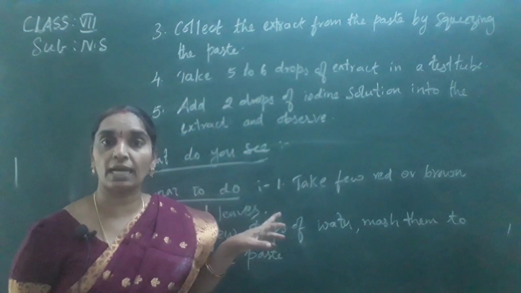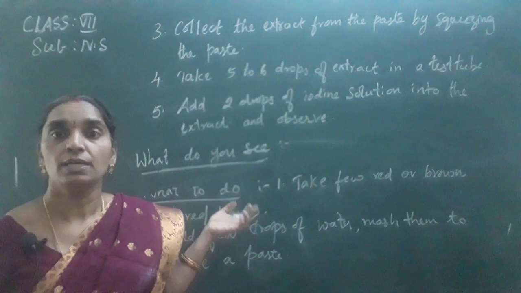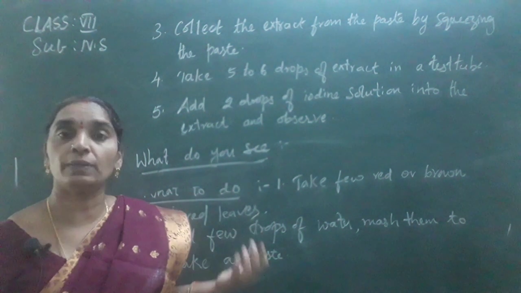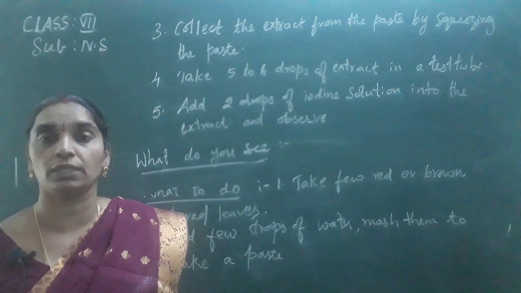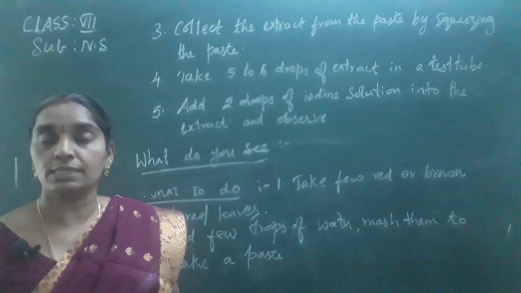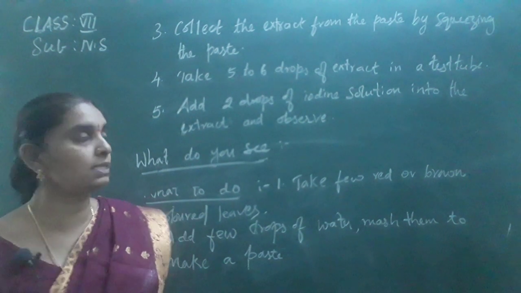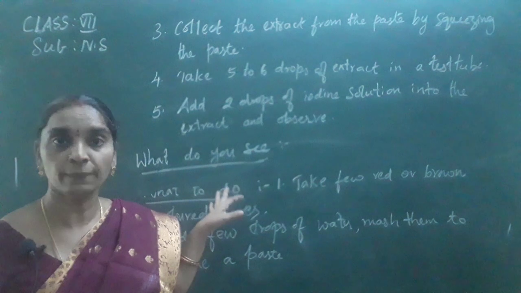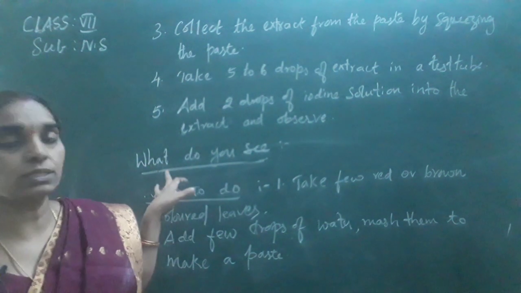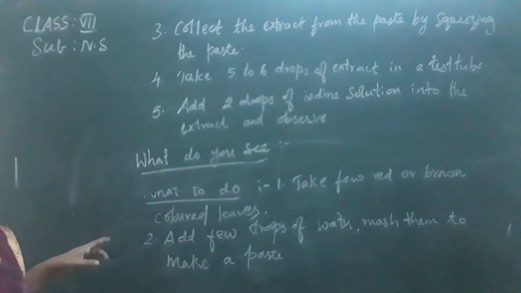You know that the conversion to blue or black color on addition of dilute iodine solution confirms the presence of starch in a particular substance, isn't it? So it contains starch. That means it has prepared the food material. Okay, so what do you see or observe? You have to write down.